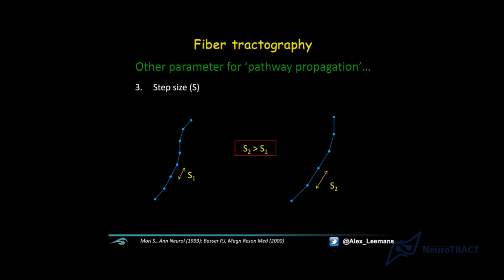My suggestion is always to use a step size smaller than the voxel size, because if your step size is too large, you might jump over information that is acquired in the data. A rule of thumb, a guideline, is to choose something like half the voxel size. So, a step size of 1 millimeter for most in vivo human diffusion data sets should be fine.